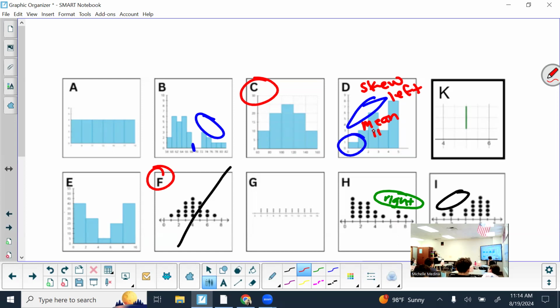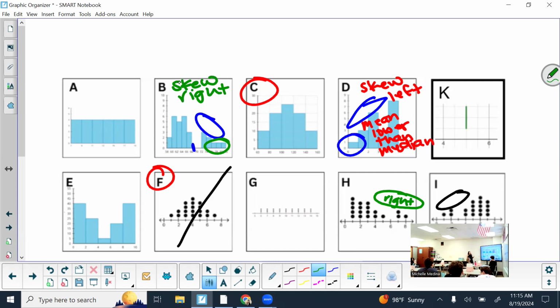The mean is lower than the median in this one, even though, like we said for histograms, we don't know what the actual data is, we just know the shape. We know the mean is lower because the outliers are pulling the mean down. Make sense? Numbers to the left on the number line are smaller. So then for this one, stay with me, that has maybe some outliers here on our skewed right example.